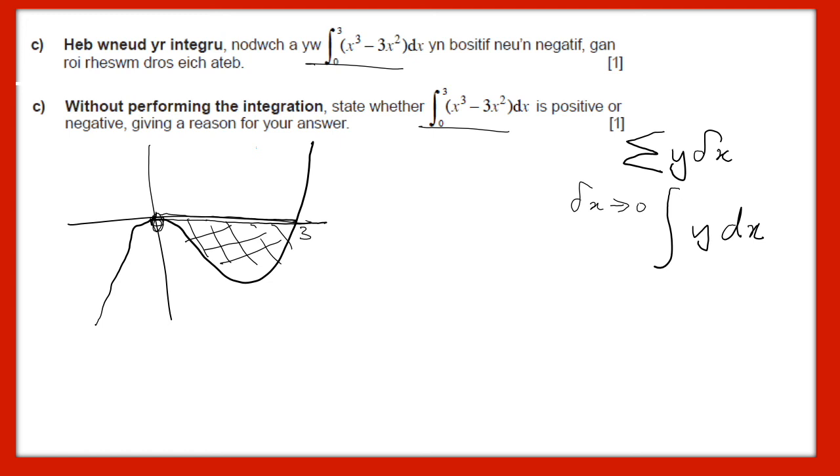So therefore I can claim that the integral between 3 and 0 of x cubed minus 3x squared with respect to x is going to be less than 0 because it's below the axis. And I would normally write that as a sentence, but in this particular case I'm not going to.